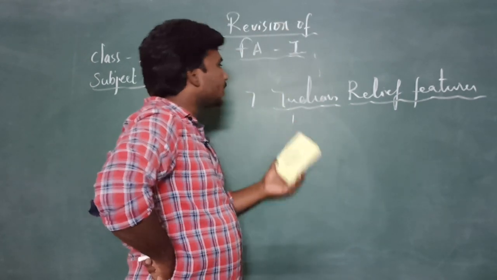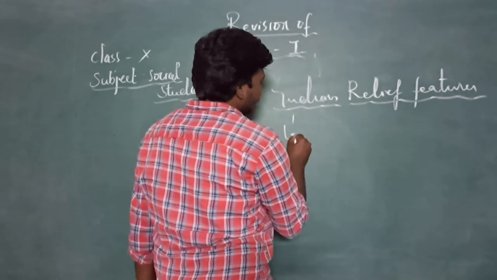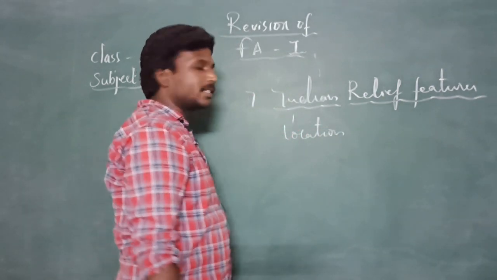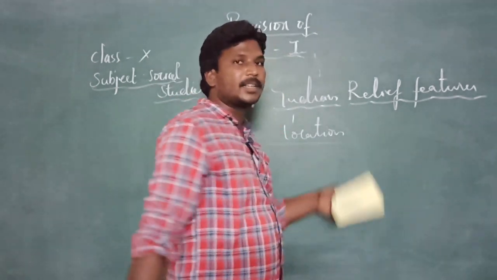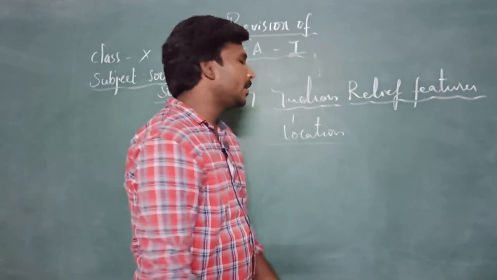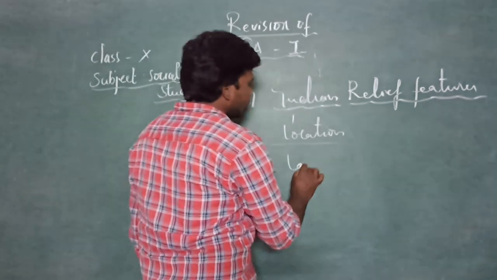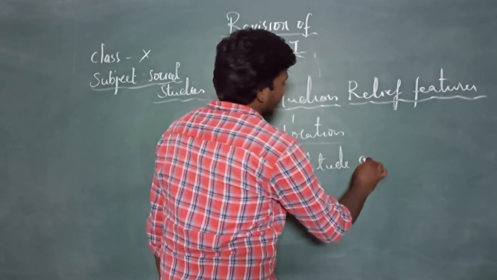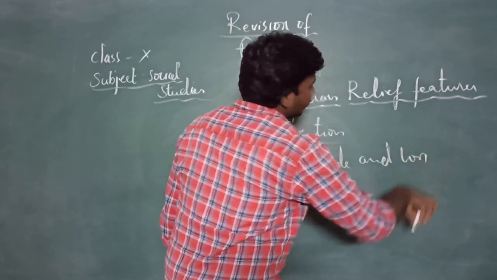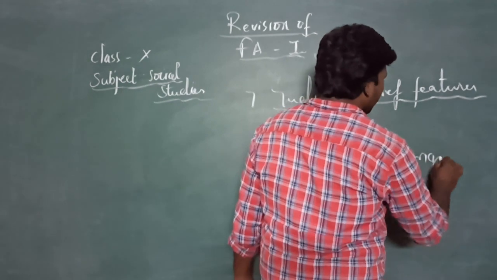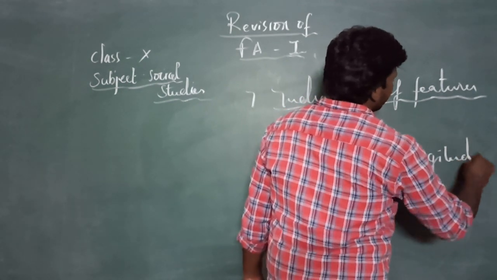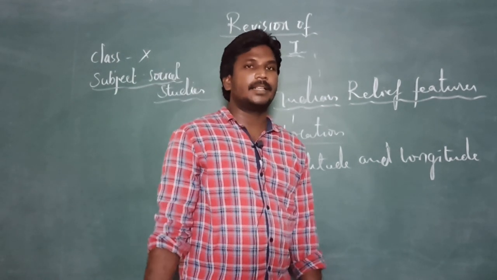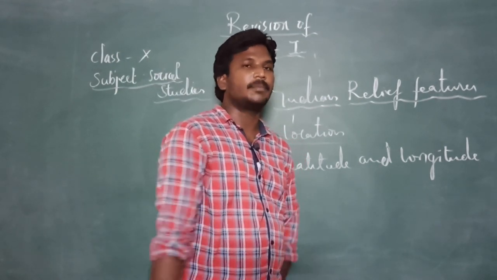In the first part we are going to know about the location of our country, the location on the globe, whether it is in the northern hemisphere or the southern hemisphere, and the latitude and longitude observations. Based on this, we know which side of the region our country lies.